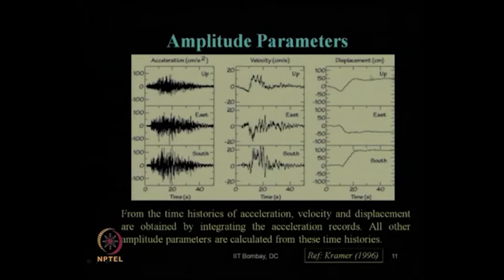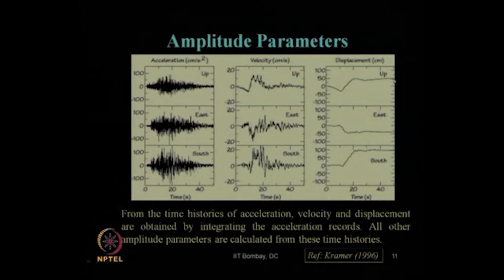Similarly, if you integrate further with respect to time, you will get the displacement profile. So, this gives the vertical displacement, this gives the horizontal east west displacement, and this gives the horizontal north south displacement. As you can see, these are cumulative, because once you integrate, you get the area under the curve. So, once displacement occurs, it remains stationary.